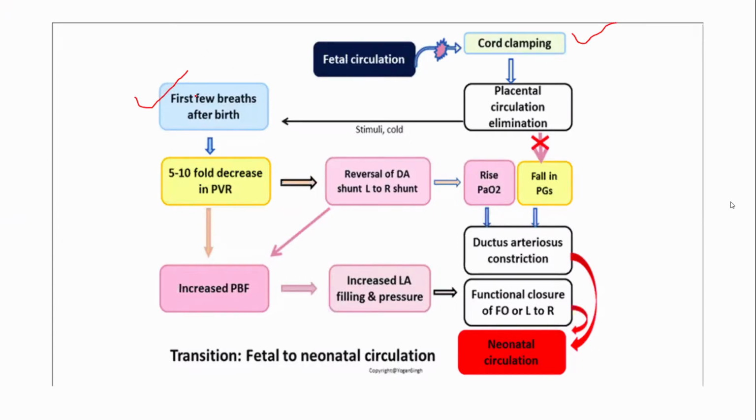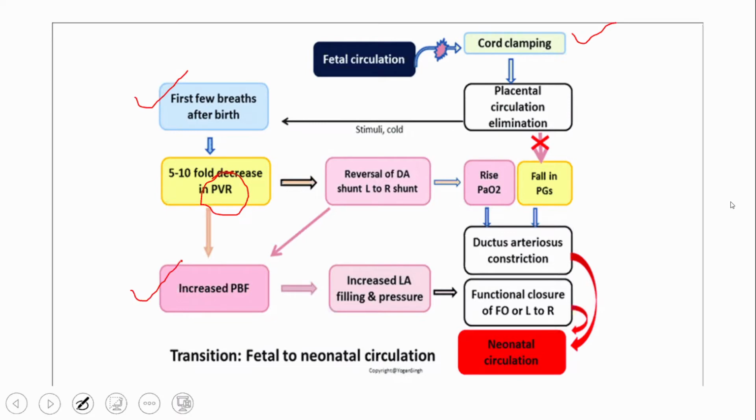What will happen? There is a decrease in pulmonary vascular resistance. The lungs at first are closed and filled with fluid, so the pressure is very high. When the baby starts to take a breath, the lung alveoli will open up, and there is a decrease in the pulmonary vascular resistance. With this decrease, there is an increase in pulmonary blood flow.